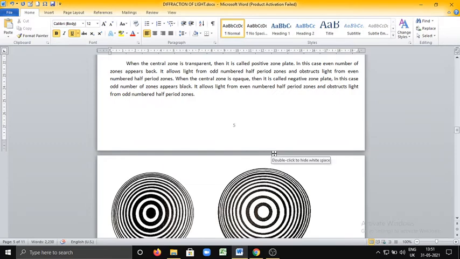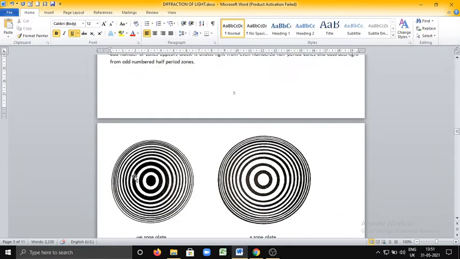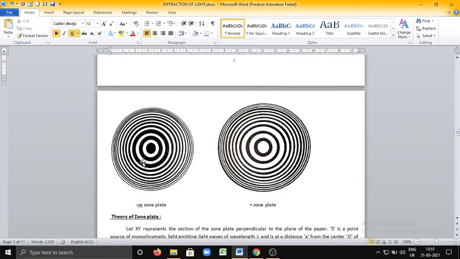In the case of a negative zone plate, when the central zone is opaque, odd number of zones are opaque and do not allow light to pass through, whereas even number of zones, second, fourth, sixth, eighth, tenth, are transparent and allow light to pass through.